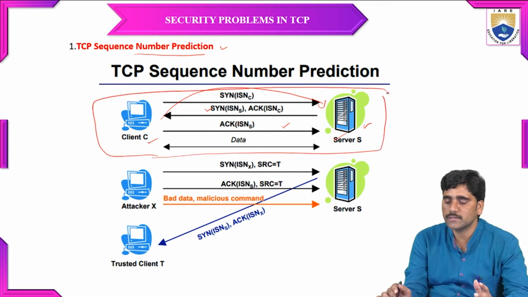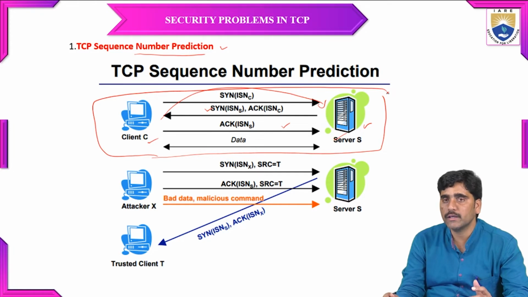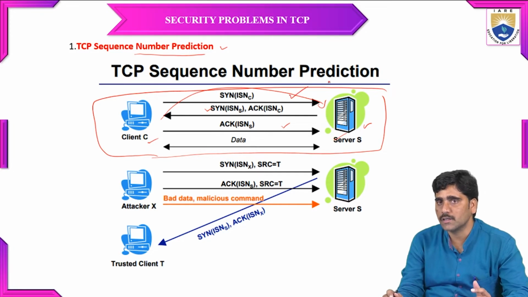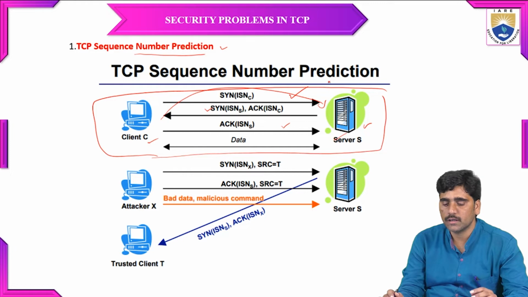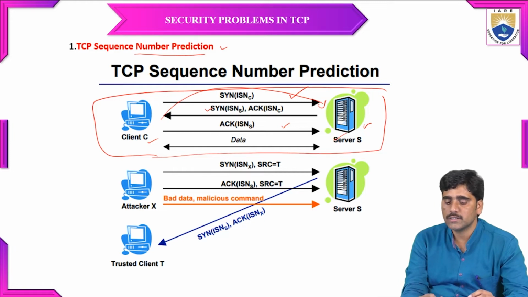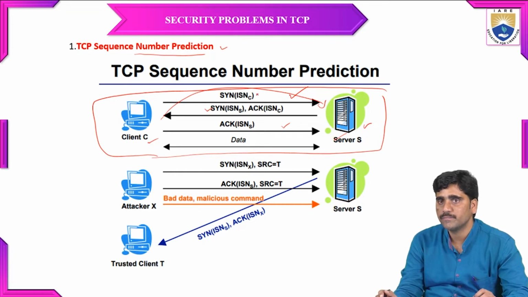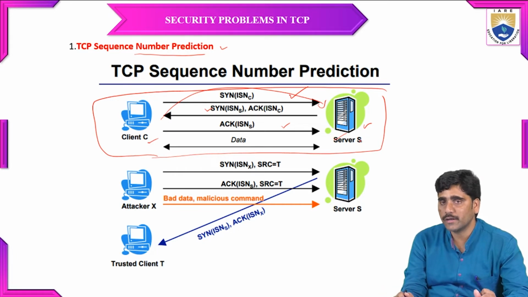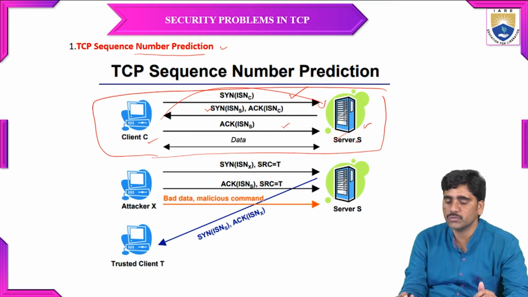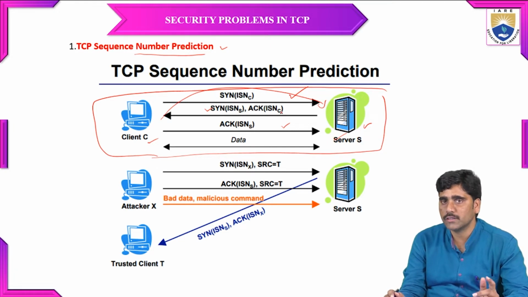So the client and the server communicate by three-way handshake signals. Here the client makes a request to the server with a synchronous request, and then for the request the server gives an acknowledgement for the synchronous request.